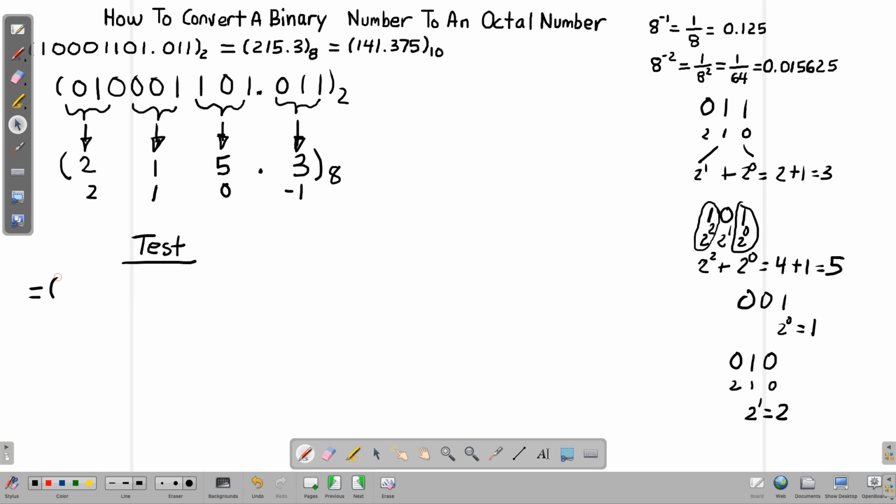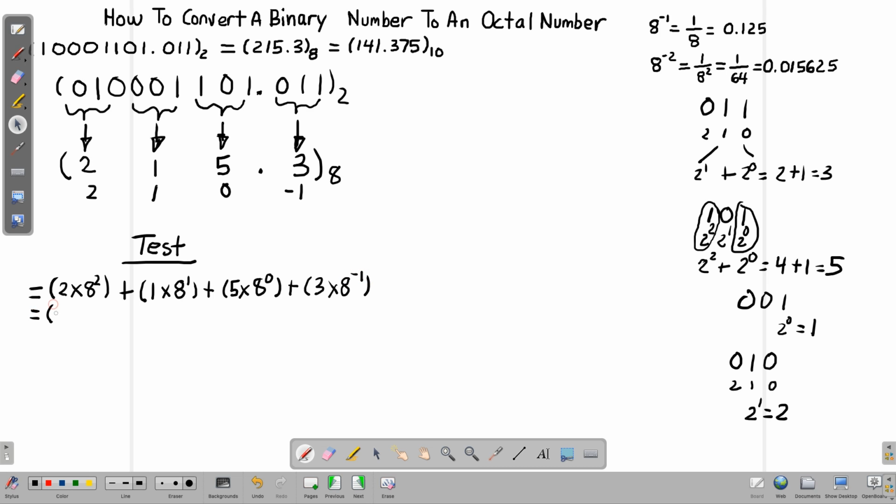So we have 2 times 8 to the second power plus 1 times 8 to the first power plus 5 times 8 to the 0th power plus 3 times 8 to the -1 power.